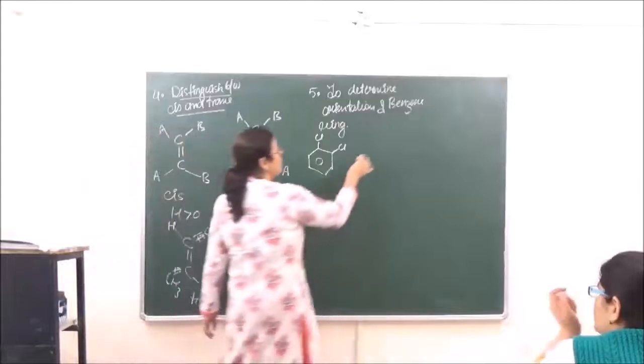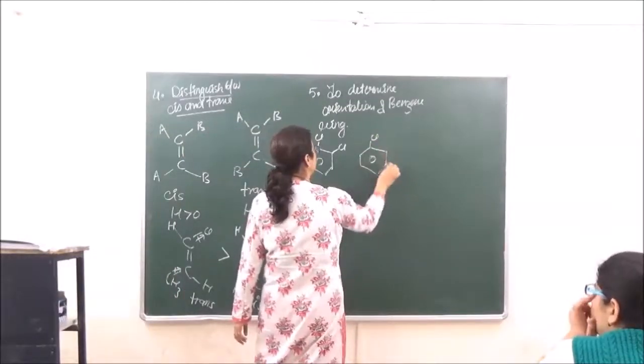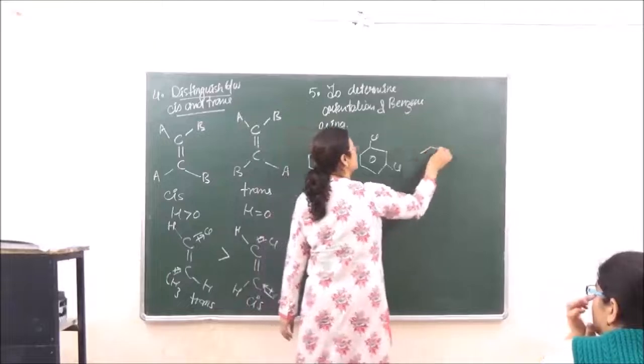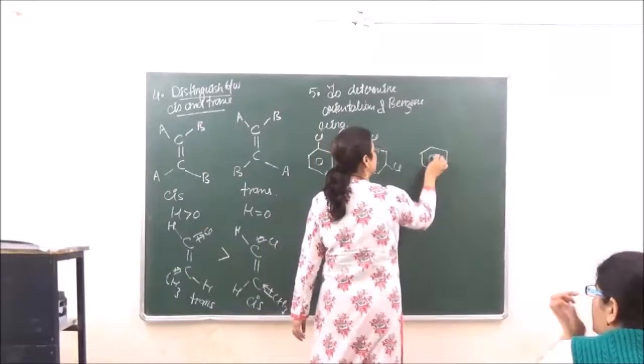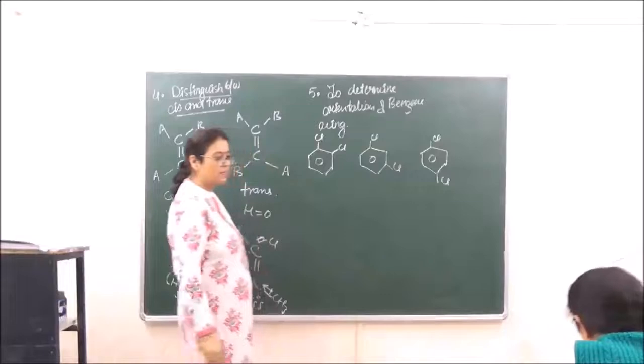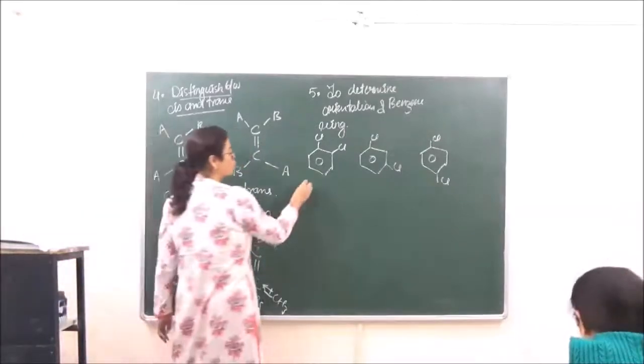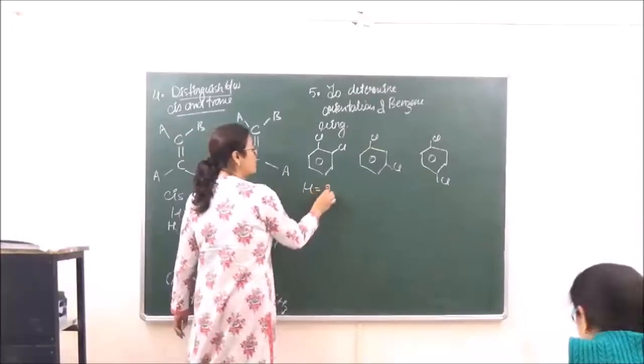We are taking metadichlorobenzene, and we are taking paradichlorobenzene. Okay? In this case, the value of mu for ortho is going to be maximum.